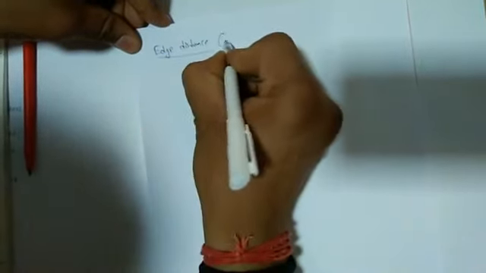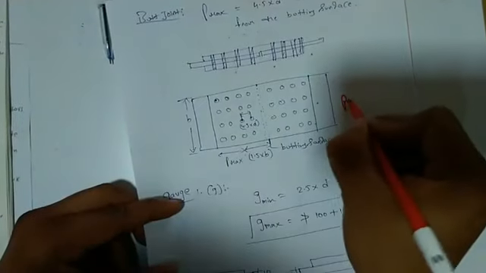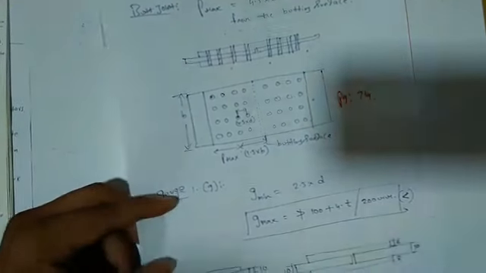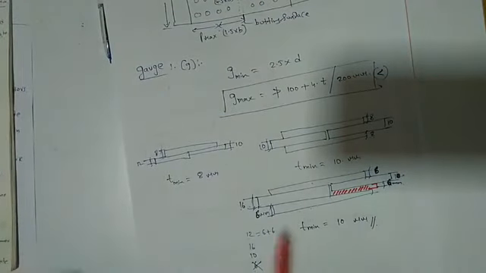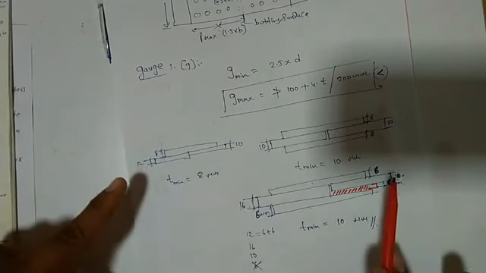See, edge distance and end distance are both the same. Okay, so there is no varying in the formulas, and all these formulas you can get from page number 74. Okay, no worries. Page number 74 in your code, you can get all these formulas there, but this explanation won't be there in the code. This kind of explanation won't be there even in your textbooks also.